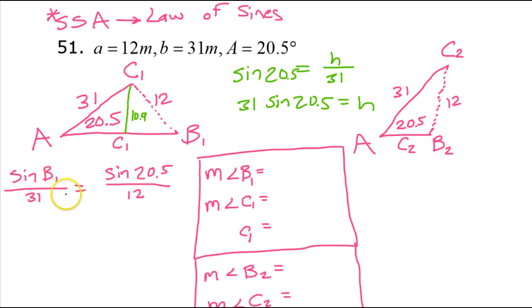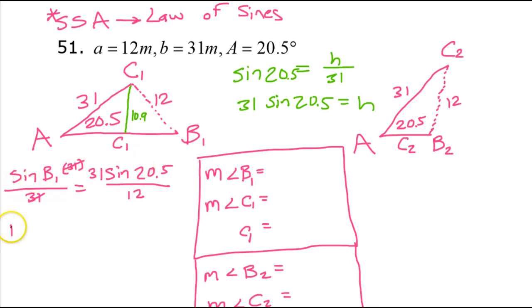So I can easily solve this for angle B1. All I have to do is multiply both sides by 31. If I multiply the left side by 31, and the right-hand side by 31, these 31s will cancel each other out. So that will leave sine of B1.